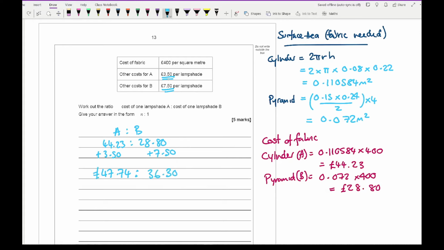Then, because the question says to make it in the ratio of n to 1, I need to make the lampshade B equal to 1. So I'm going to divide that by 36.30, and I'm going to divide this by 36.30. So this then becomes 1, and this becomes 1.32.